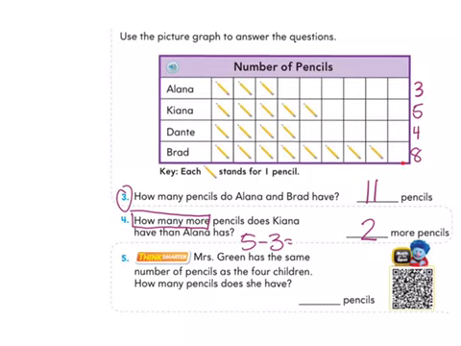So first I'm going to do 3 plus 5, which is 8. 4 plus 8 is 12. And then I'm going to add 8 plus 12, which is 20. So the answer is 20 pencils. Mrs. Green has 20 pencils.